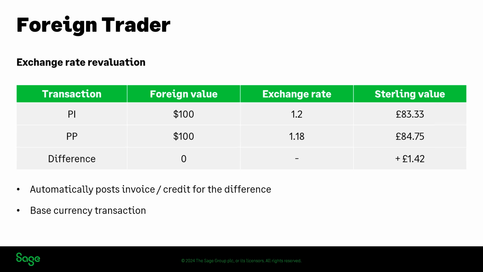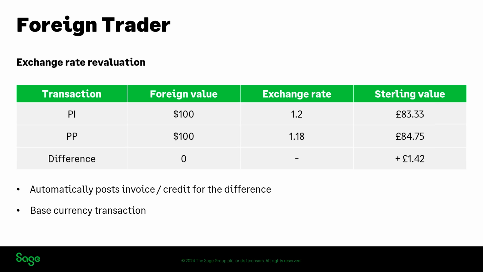Now that means in the sterling equivalent value that the account doesn't balance. So what the software does, it will post an adjustment for the difference. A bit like if you were doing it manually, you'd be doing that. Because you've essentially overpaid it, what you'd need to do if you were doing it manually is post an additional invoice for the difference.